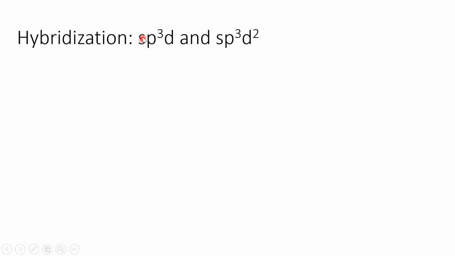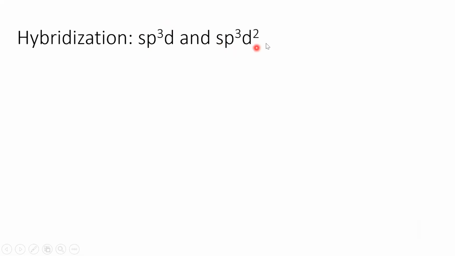And there would be 1 plus 3 plus 1, there would be 5 equivalent sp3d hybridized orbitals. We would need this kind of hybridization if there are 5 things coming off the central atom.